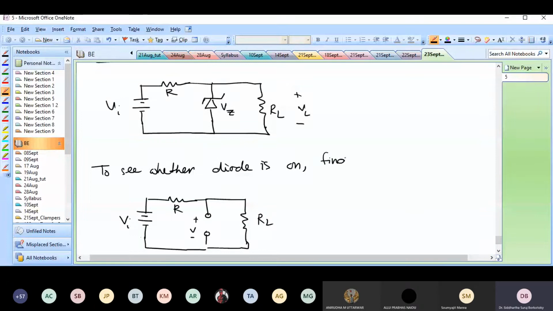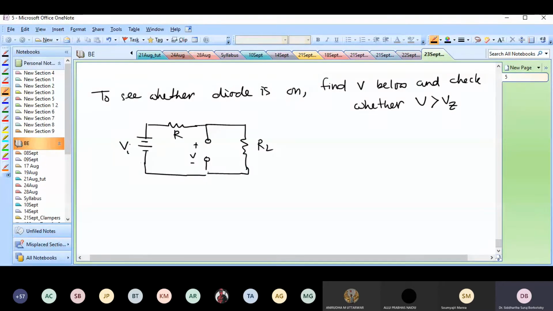So find V below and check whether V is greater than Vz. This is what we want to do. So we remove the diode, and now we have this circuit. I want to find out the value of this voltage V.